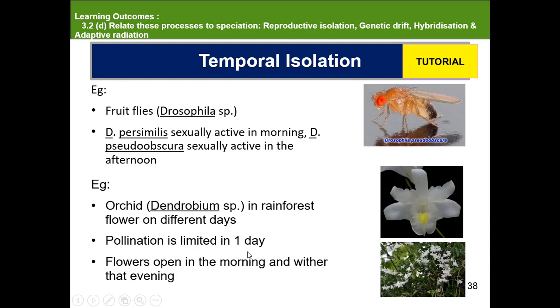Pollination is limited to one day. Another flower opens in the morning, while another flower opens in the evening. So, because of different reproduction times, they cannot mate.